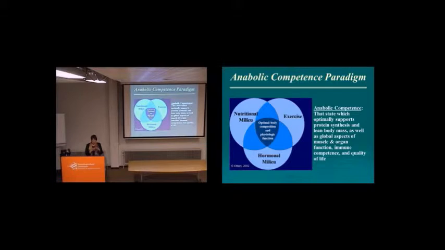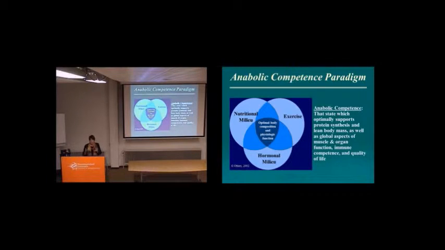It's really optimizing and taking into account the nutritional milieu of that patient, the exercise or physical activity of the patient, and making sure that the hormonal milieu is optimal. If somebody's hypothyroid, you're not going to be able to put muscle mass on them. If they have low testosterone levels because they've had prostate cancer and now they've had some hormonal manipulation of that.